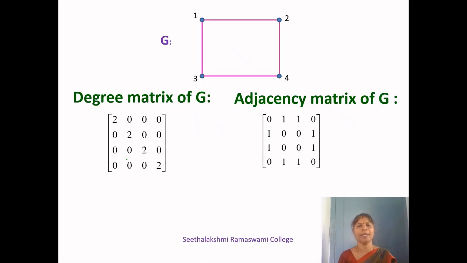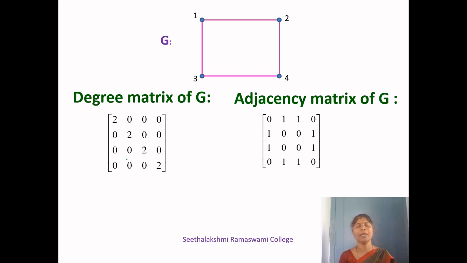Here we take the cycle C4 with 4 vertices. For this, you first have to find the degree matrix and the adjacency matrix. The degree matrix is a diagonal matrix whose diagonal entries are the degrees of the vertices of the given graph G. Here, each and every vertex of G has degree 2.